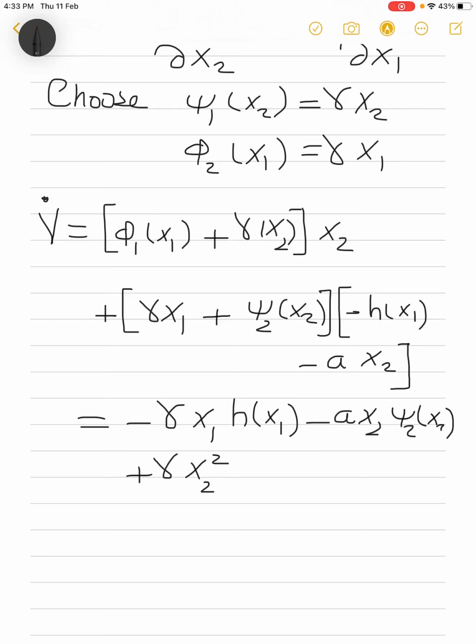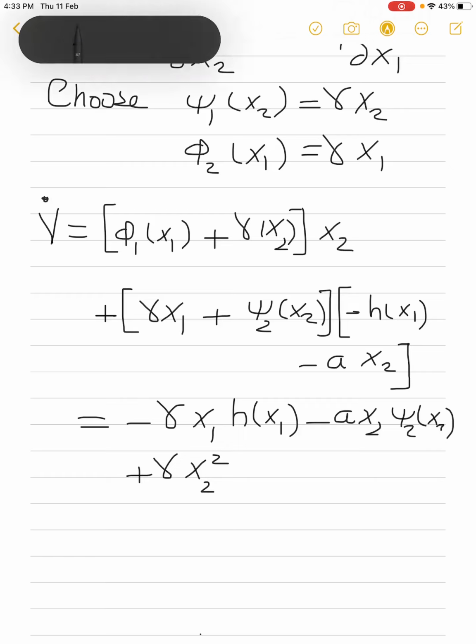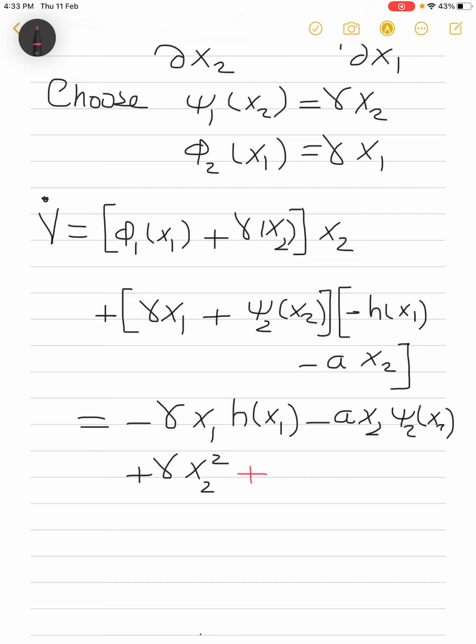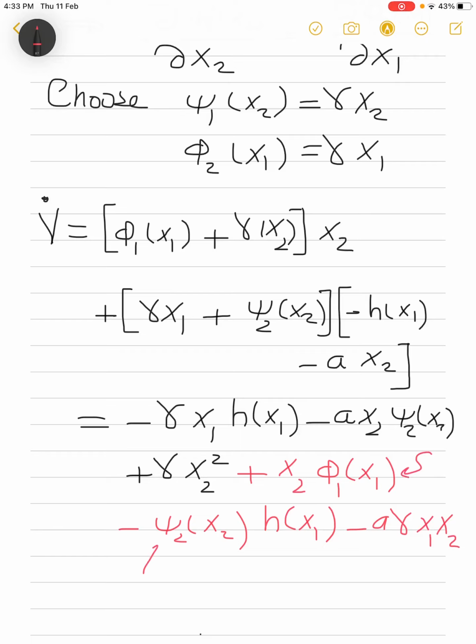So these are terms that include only one variable each. Then we'll have other terms that will have cross products. So that will be plus x2 phi 1 of x1 minus psi 2 of x2 times h of x1 minus a gamma x1 x2.